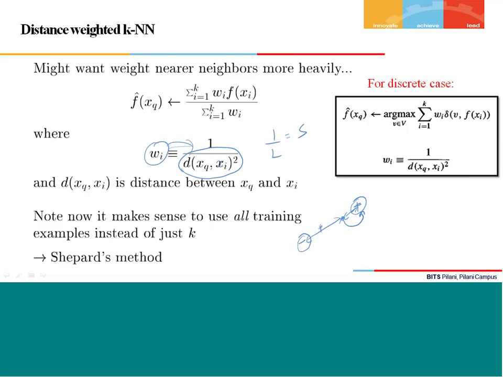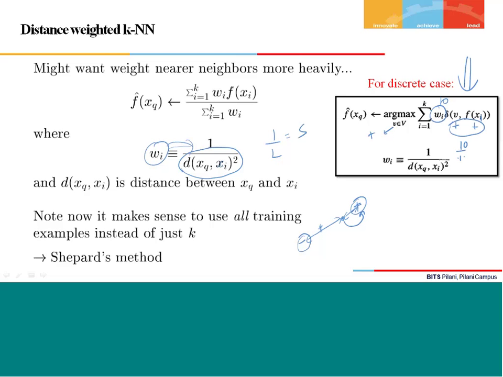Just see this discrete case first. Let's say the positive is very near. I'm taking the first class label x1 as positive and the distance is very near, let's say only 0.1. So 1 upon 0.1 is 10, so the weight will be 10 here.